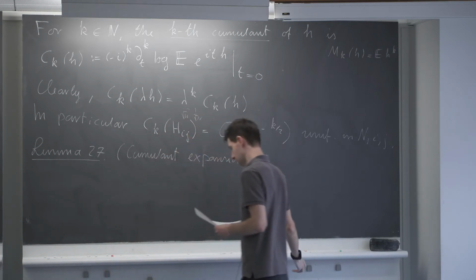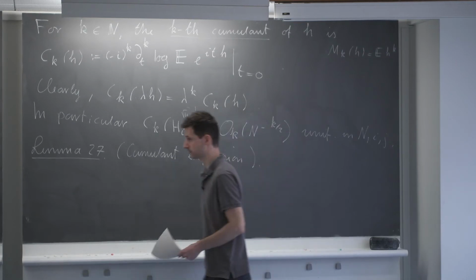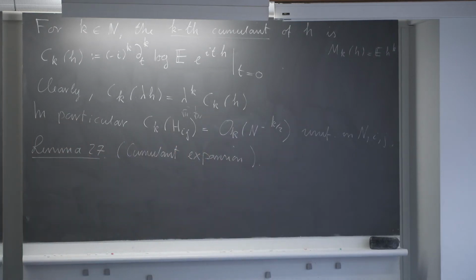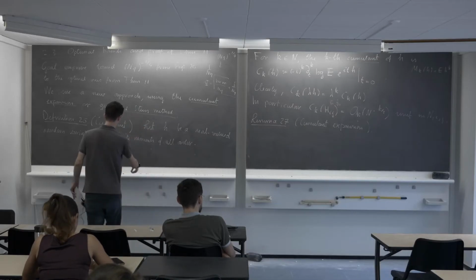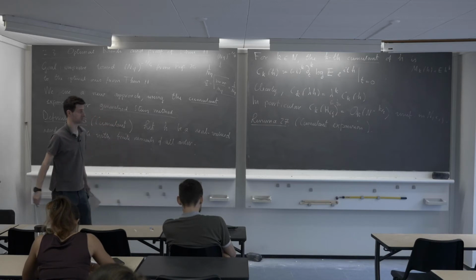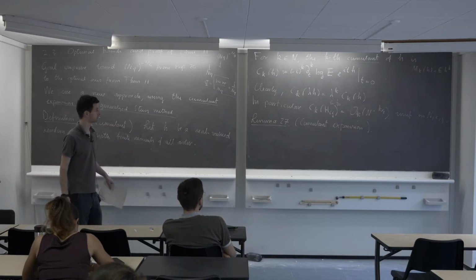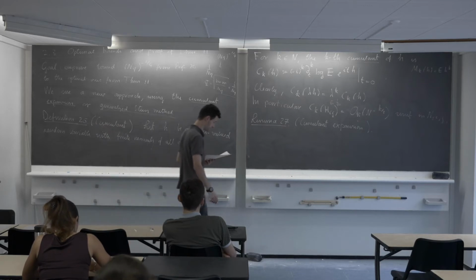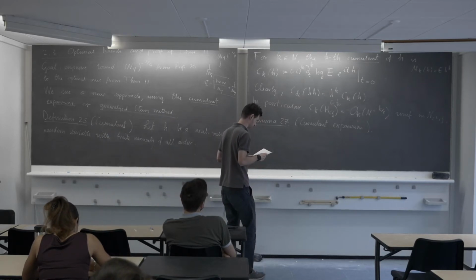To me, it's a beautiful identity, and it's also extremely powerful. You will see how. You can do many things with it. You can use it to prove the central limit theorem, for example, in a very easy way. We will use it for different purposes.